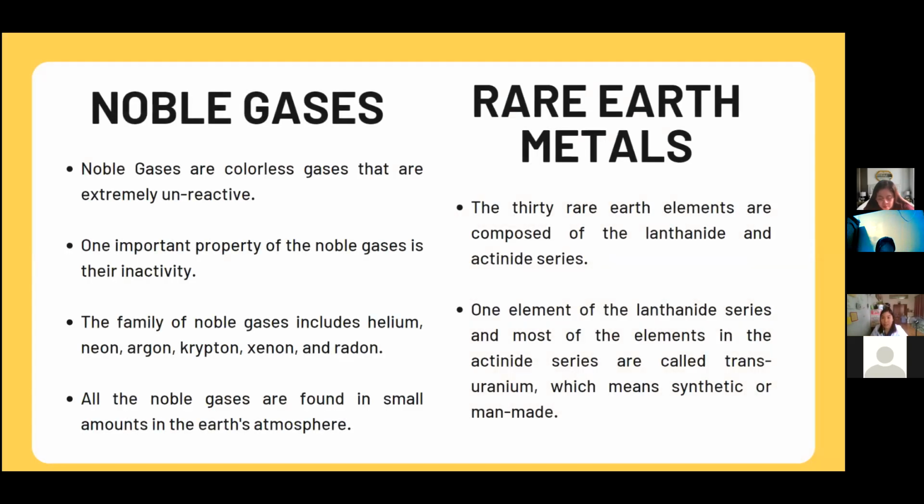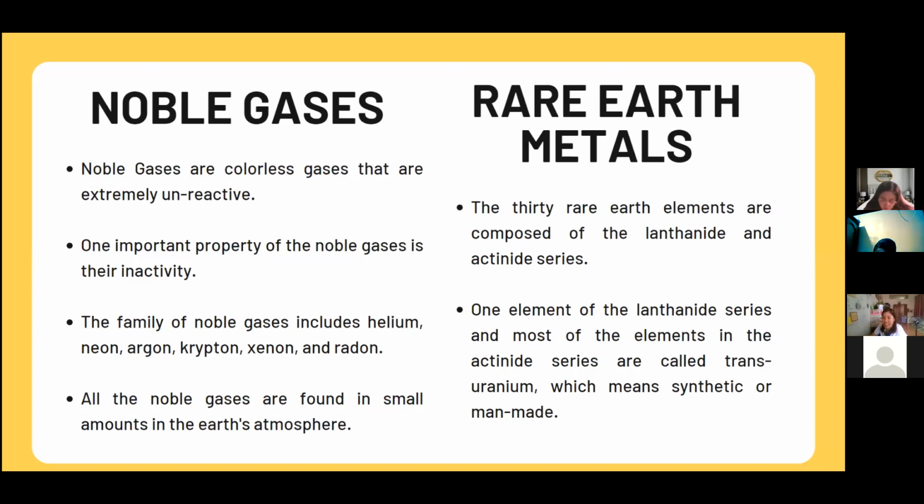is the noble gases. So noble gases are colorless gases that are extremely unreactive. So bakit unreactive ang noble gases? It's because, di ba, si halogen family already have 7 valence electrons. So that makes it 8 for noble gases. So again, according sa octet rule, 8 valence electrons lang ang kailangan para maging stable.